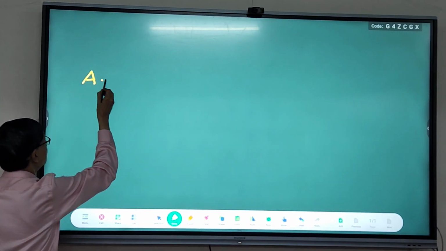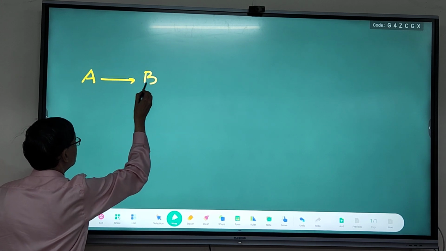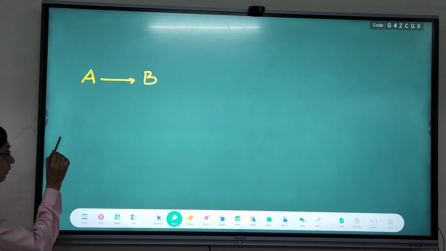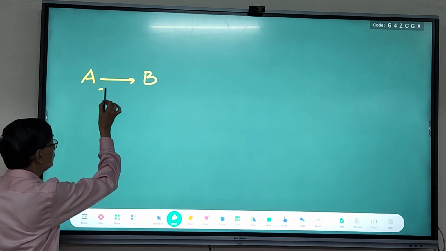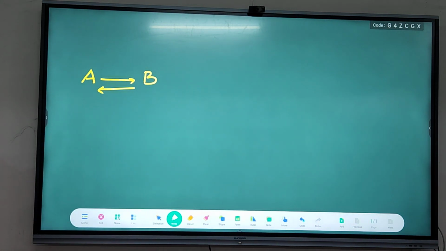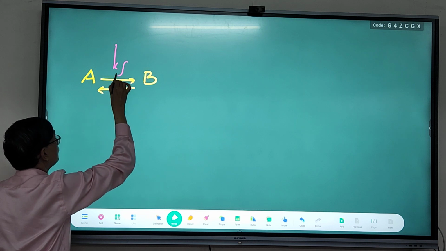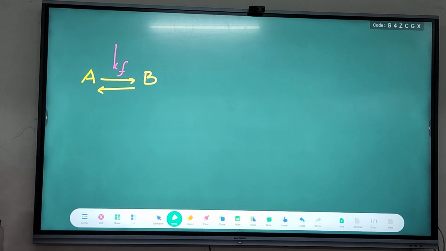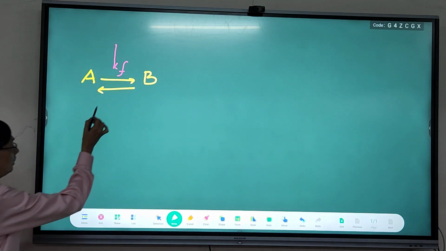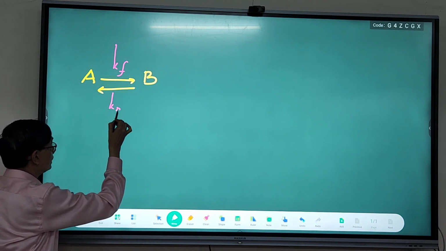A is converted into B, and of course, as I told you, it is a reversible type of reaction, and we can write the rate of the forward reaction and, opposite to it, the rate of the reverse reaction.